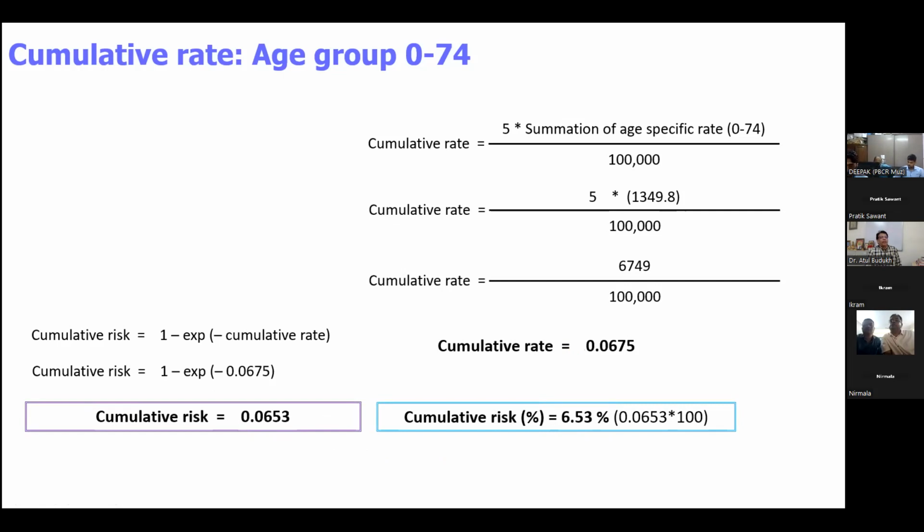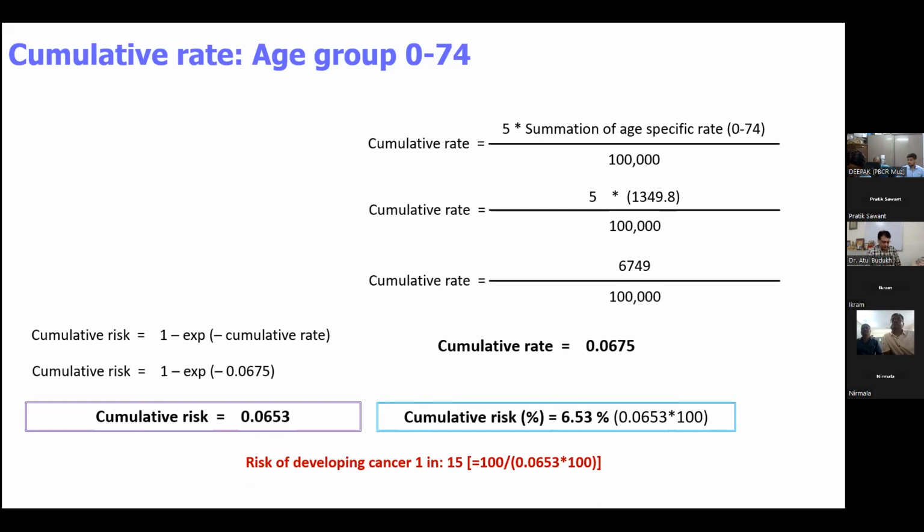What we are doing here: 5 into the summation of age specific rate comes as the cumulative rate. And you apply the formula 1 minus exponential to the cumulative rate. And the percentage will come as 6.53. So what is the risk here? Sorry, the cumulative risk is 6.53, so you have to divide 100 by 6.53.